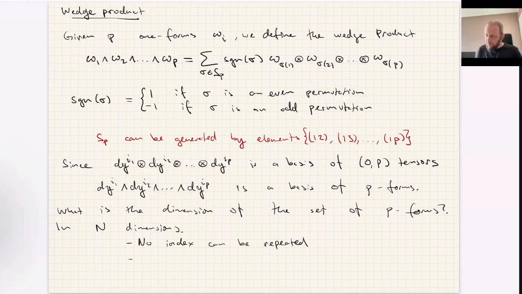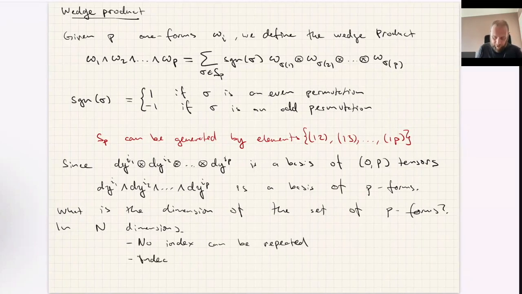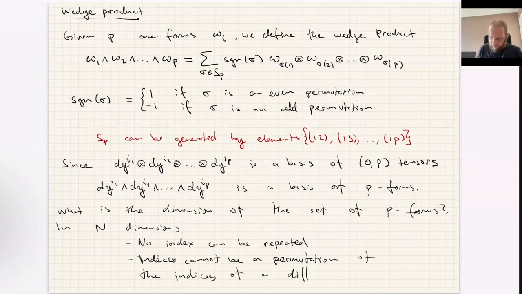But also, the indices cannot be a permutation of the indices of a different basis element.